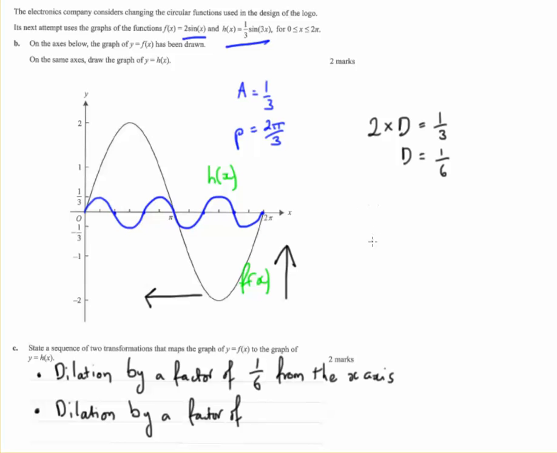We have 1 times some dilation factor, which is needing to get us to, now be careful here, because we have to take the reciprocal because it's next to x. So we want 1 times some dilation factor to get us to 1/3. So the dilation factor must be 1/3. So dilation by a factor of 1/3 from the y-axis.